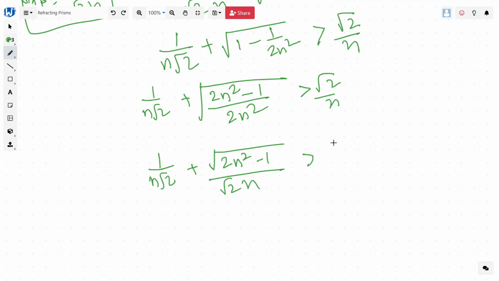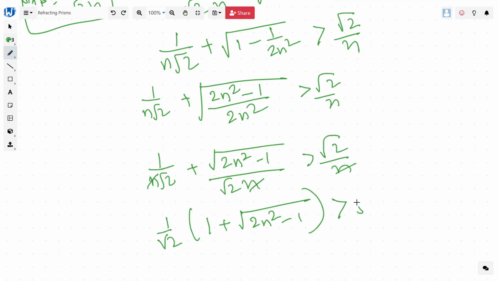That will happen first, which we can take out as a common, 1 plus under root n square minus 1.